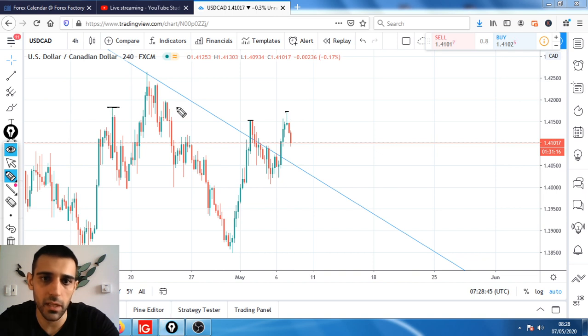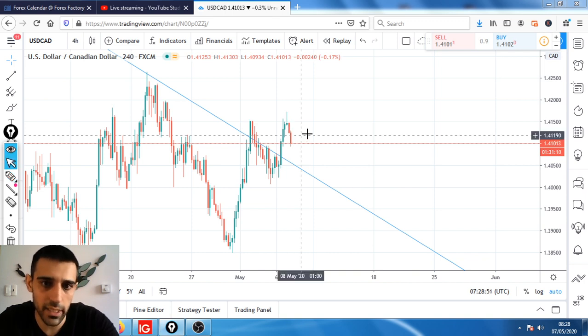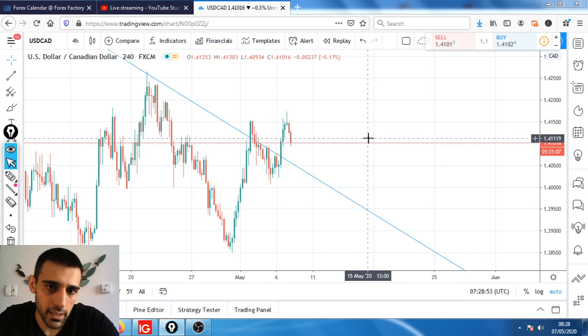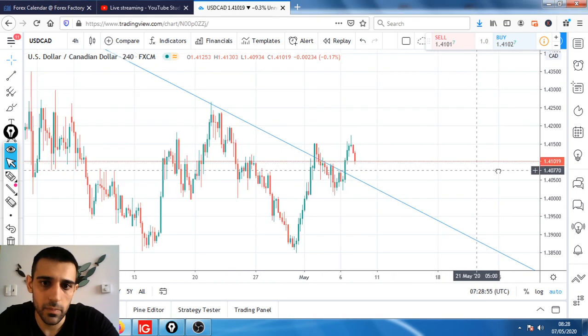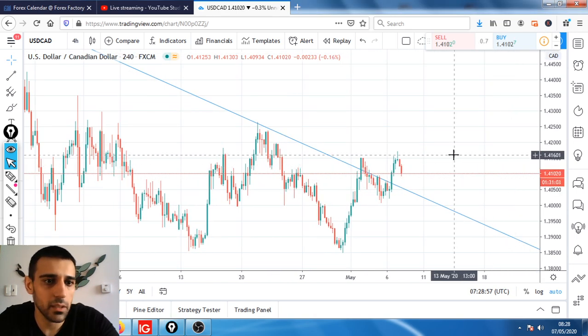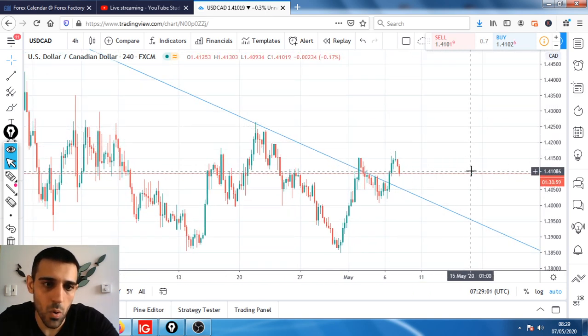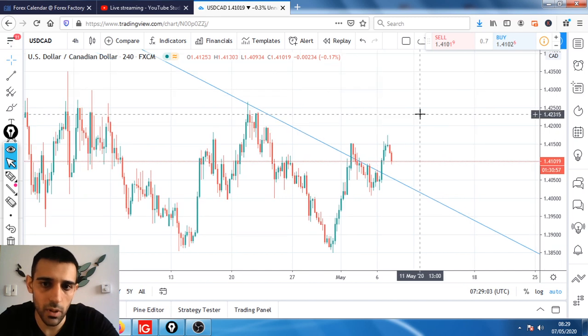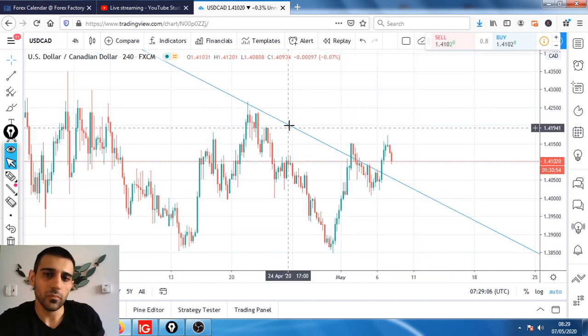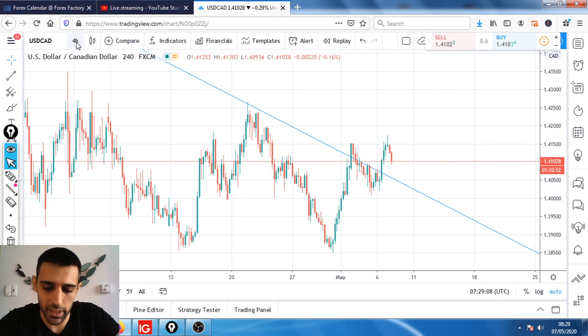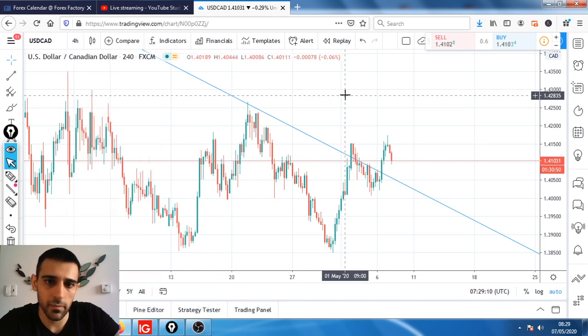It failed to take out this high, and now the price is retracing. So let's have a look where this price is going. Potentially I do look for the long potential on this one, with far away targets. So let's go to the 1-hourly time frame.